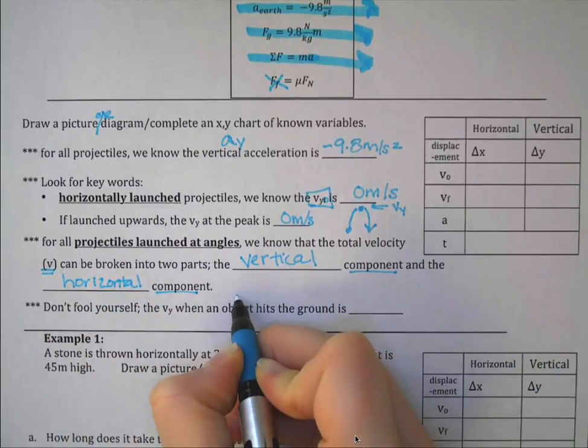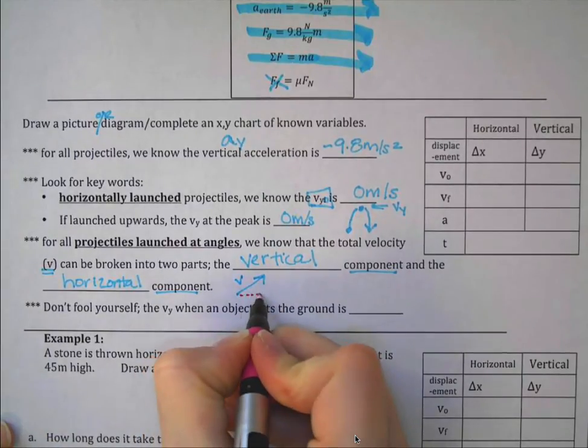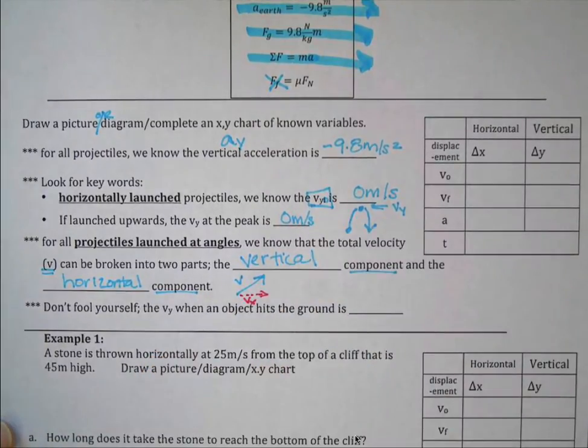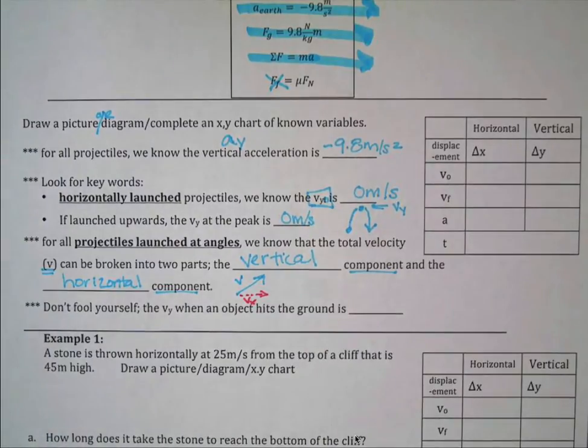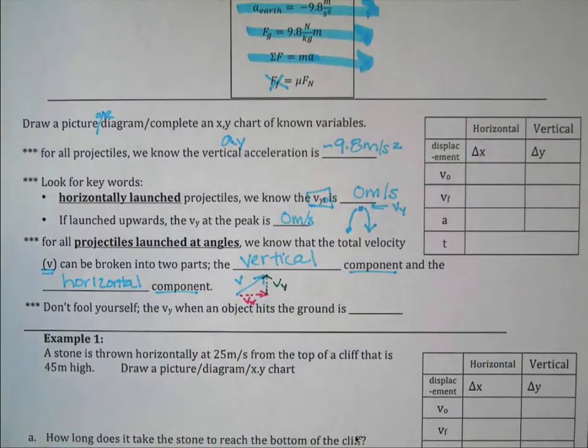So if we launch something with a velocity like that, you could have a horizontal component, which we call Vx, and a vertical component, which we would call Vy. And in that case, it looks like that would be our initial velocity.